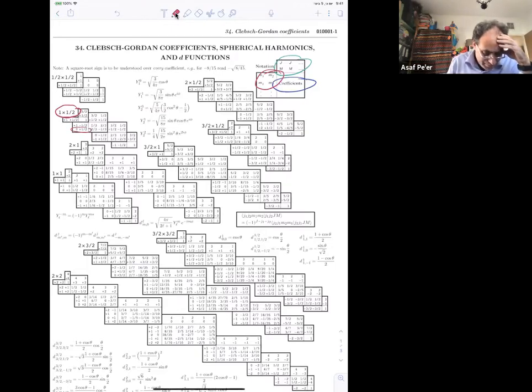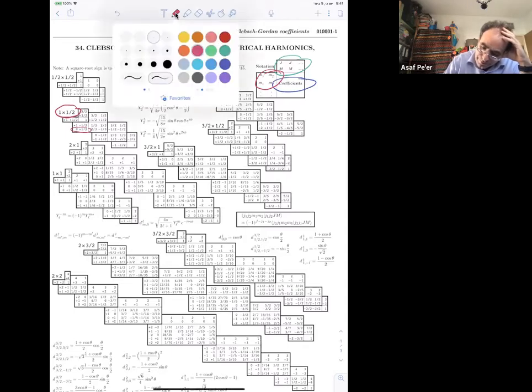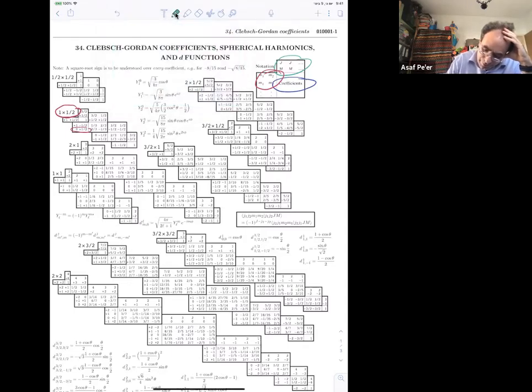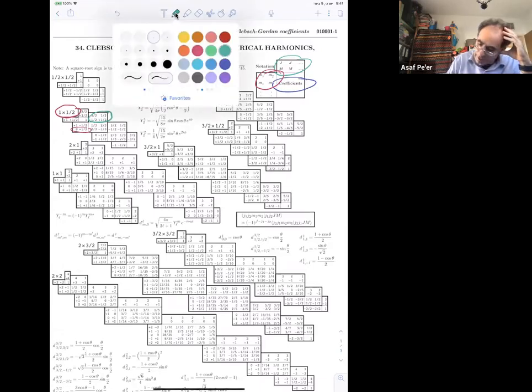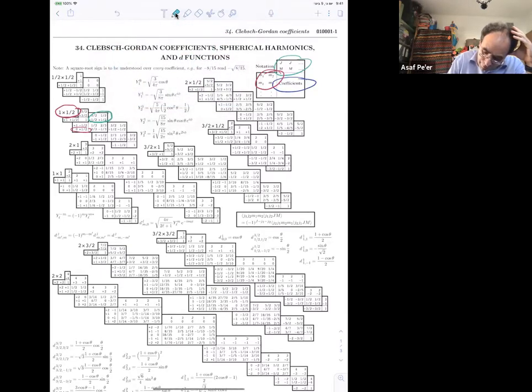And then we have the J1 and J2 as given here, and the coefficients that we're looking at are square root of 2/3 and square root of minus 1/3.